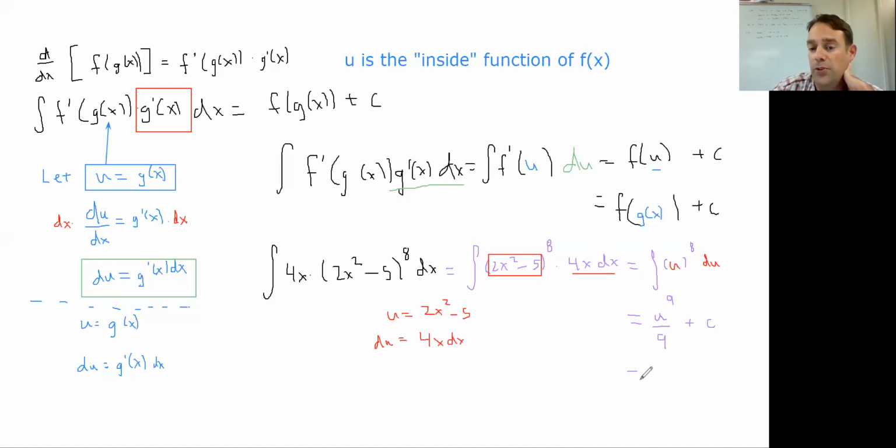By using a U-substitution, I turn it back into a power rule so I can actually integrate the entire thing. So I have 1/9 u to the 9th plus c. And from there, I'm going to plug in what u was into my problem. So u was 2x squared minus 5.